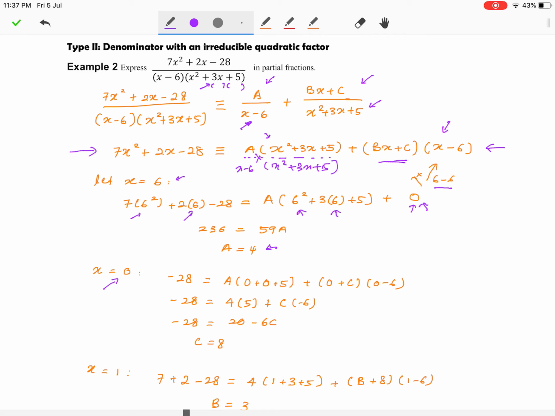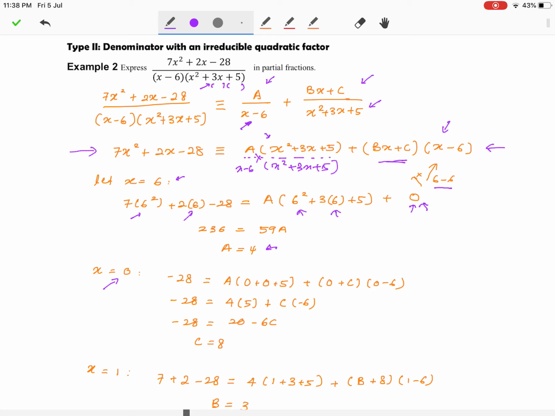You could substitute any value of x, but if you just pick randomly, you might end up with an equation consisting of A, B, and C together, which is rather difficult to solve. Maybe you have to do simultaneous equations and so on. So pick your x wisely.